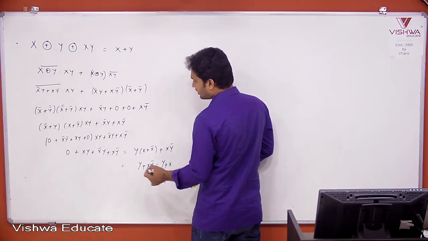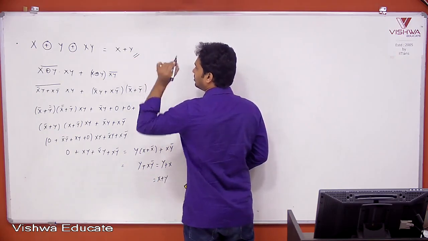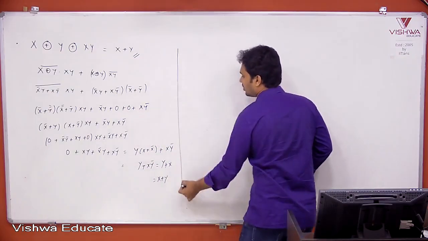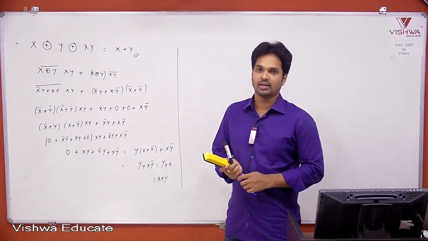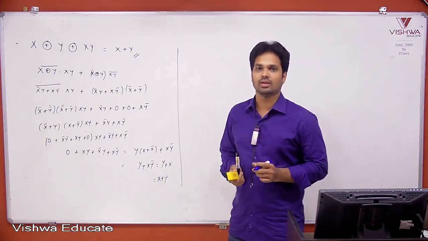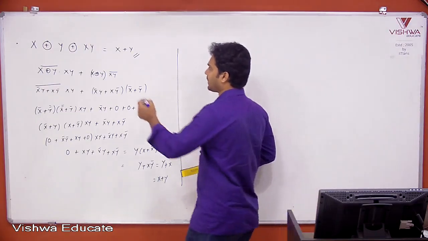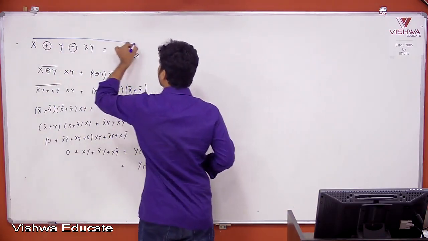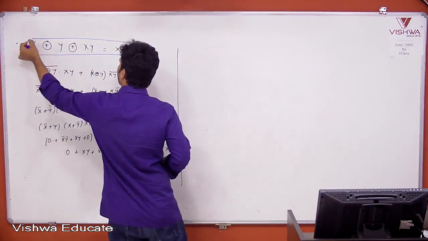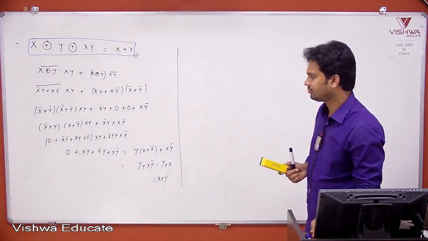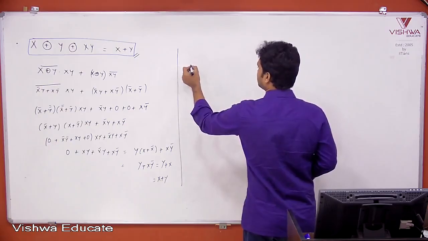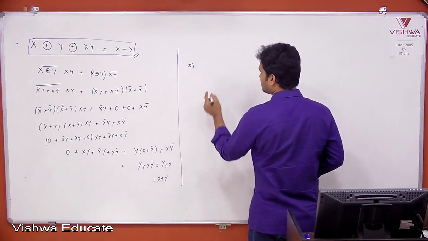X plus Y. So one important point we should remember is X XOR Y XOR XY is equal to X plus Y. Right. Copy it. Please copy up to this.